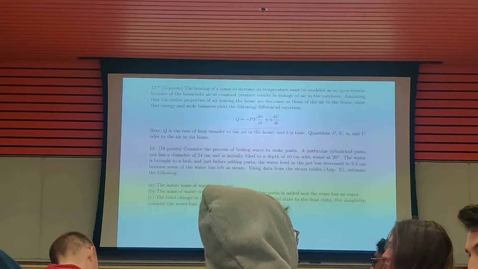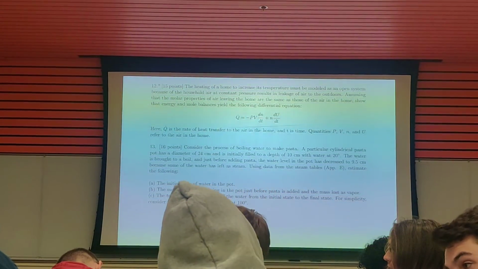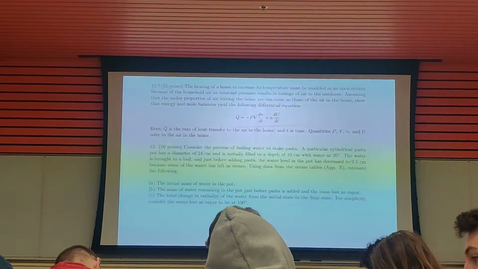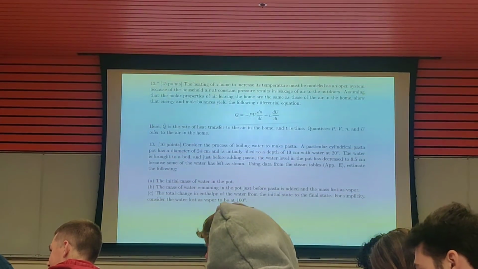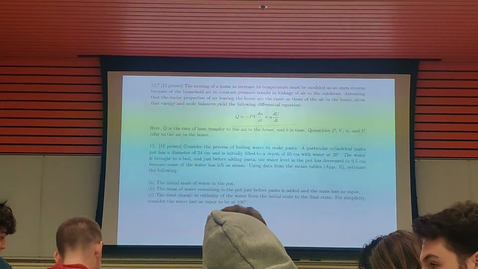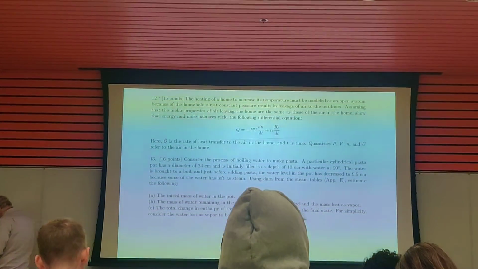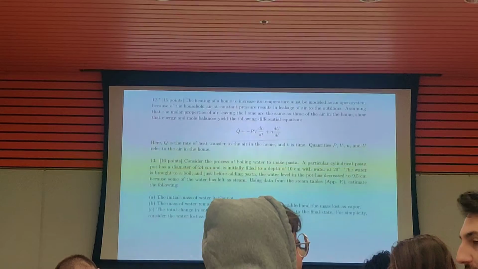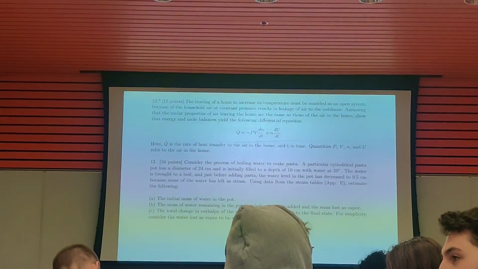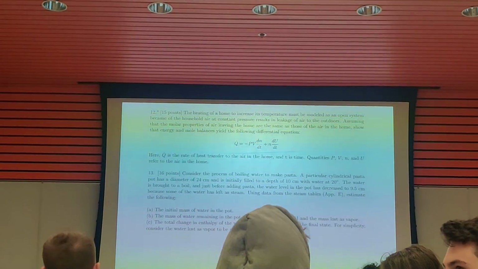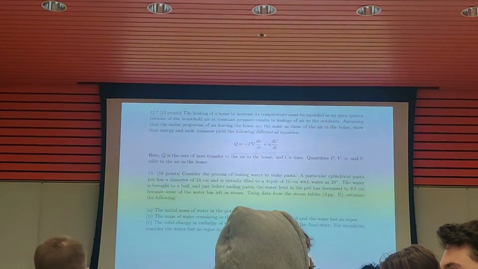So this is how I did 12. We're going to have the general energy balance. So if it's a steady state, it's the delta of m dot times h plus 1/2 u squared plus z times gravity. How do we assume steady state though?